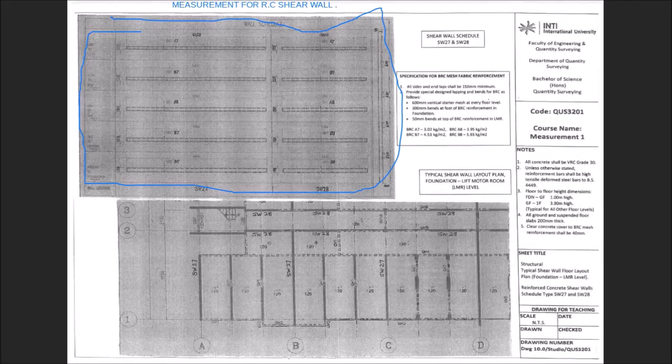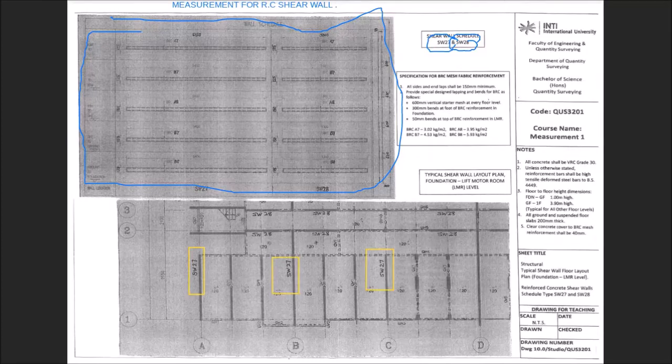So this is the shear wall. We have two types of shear wall. You can see here they are SW27 and SW28. But there is some information that is not really clear, so I would like to justify. You can see SW27 is here, SW27 is here, SW27 here.